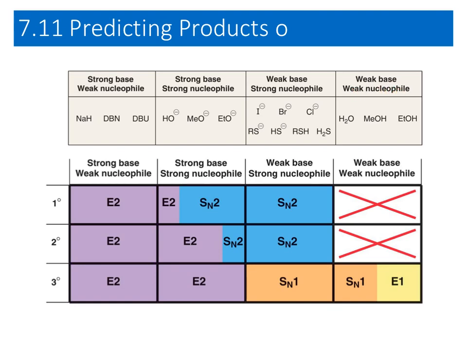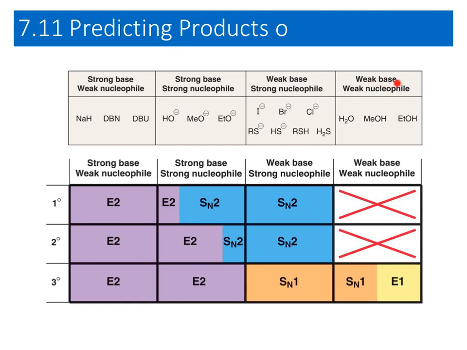Now, if you have a strong base and weak nucleophile, such as sodium hydride, DBN, and DBU, it doesn't matter whether you have primary, secondary, or tertiary substrate. With these type of reagents, always E2 mechanism can happen. And when E2 mechanism happens, you need to think about regiochemistry, stereochemistry, and all of those things that we talked about.